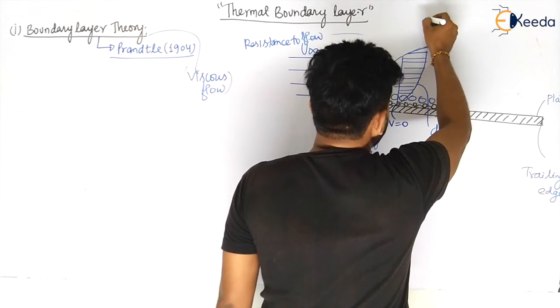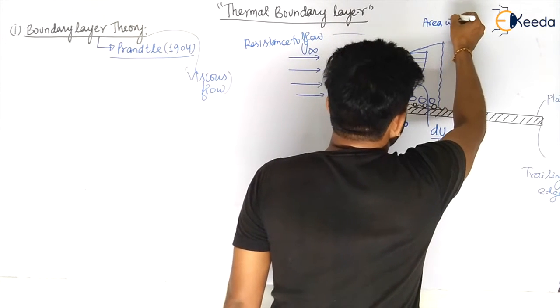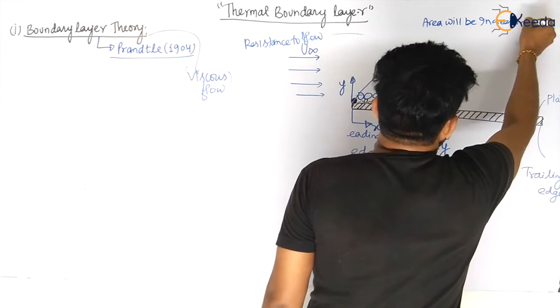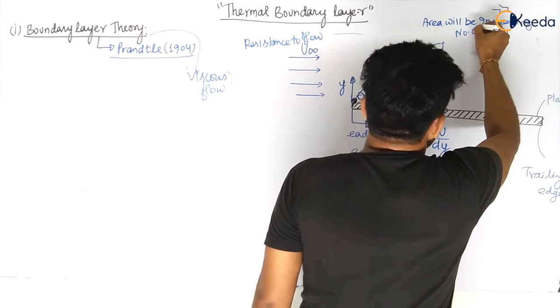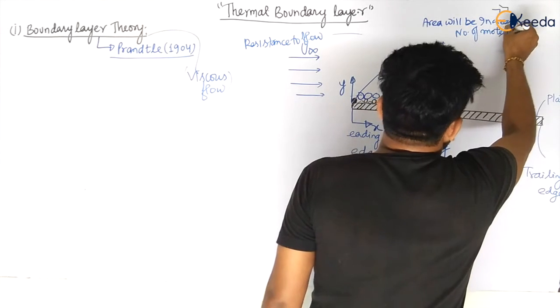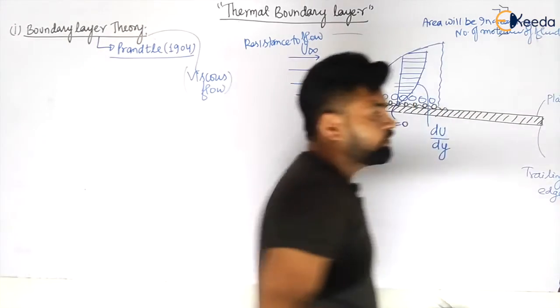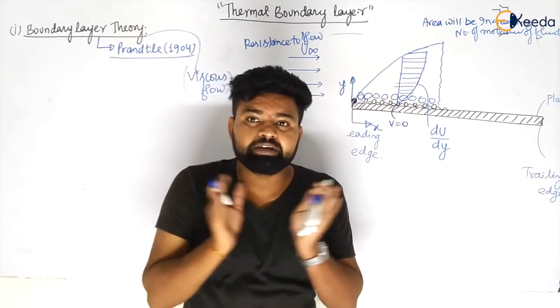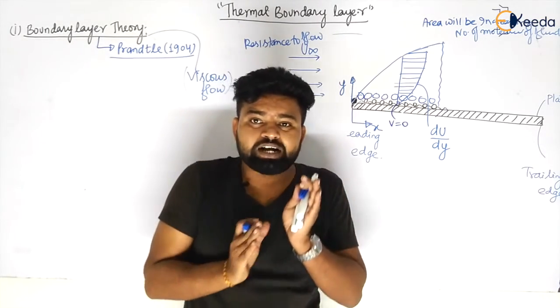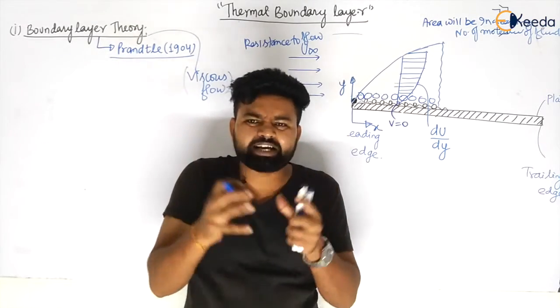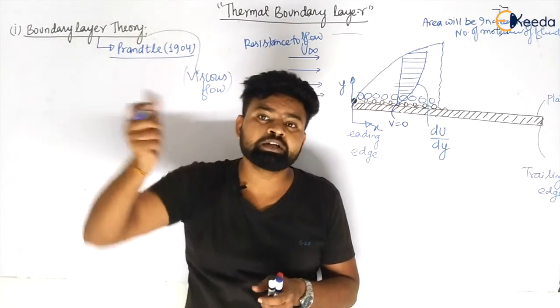As the area increases and the number of fluid molecules increases, they will start trying to mix with each other, and when they mix in zigzag motion, the flow becomes turbulent.